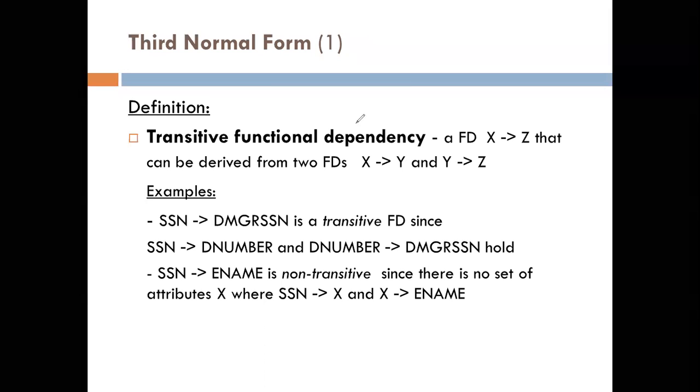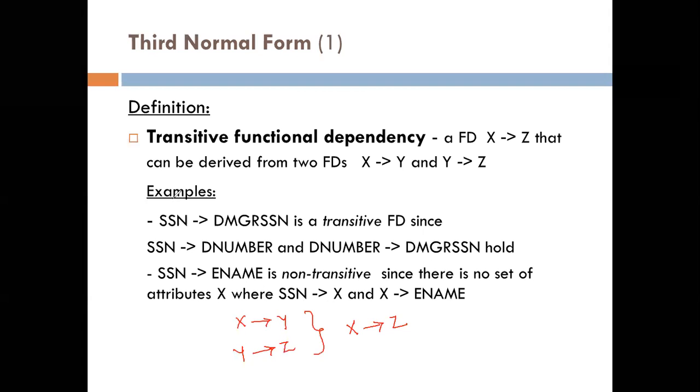Transitive in the sense of a functional dependency like X deriving Y and Y deriving Z. So this implies that X is deriving Z. Such relationships of functional dependencies we call transitive functional dependencies.